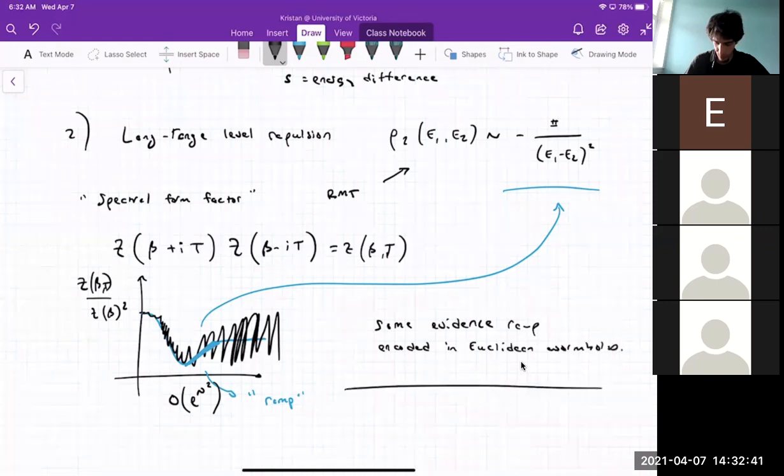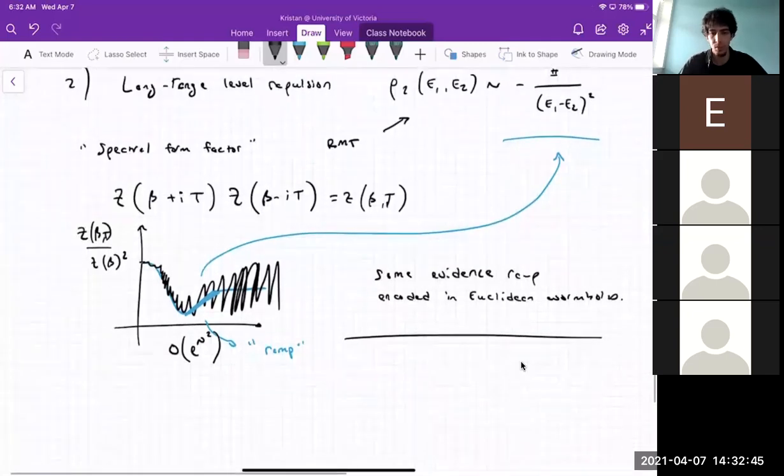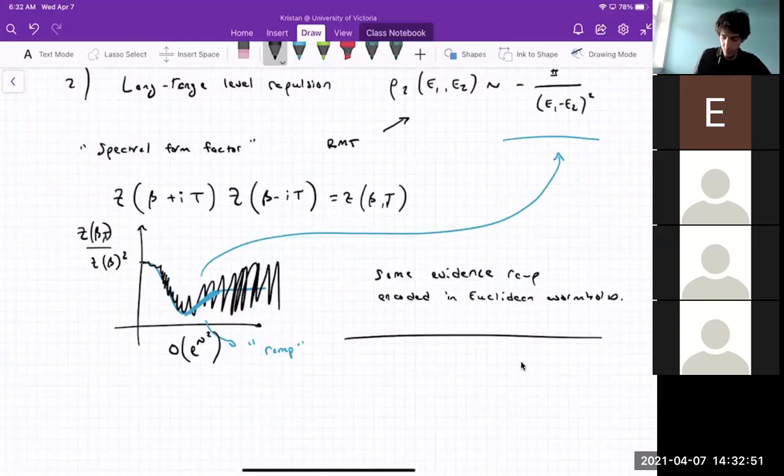And I should say, before going on to do that, that there is some precedent for this. There's been a lot of recent work in the last few years on simple soluble models of low-D quantum gravity.